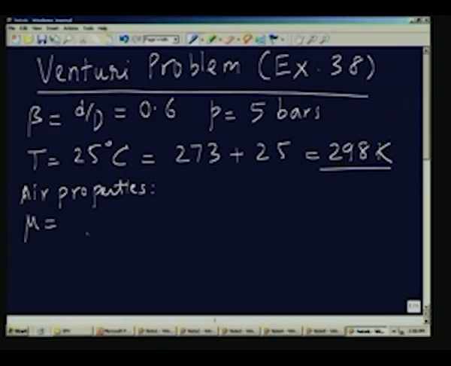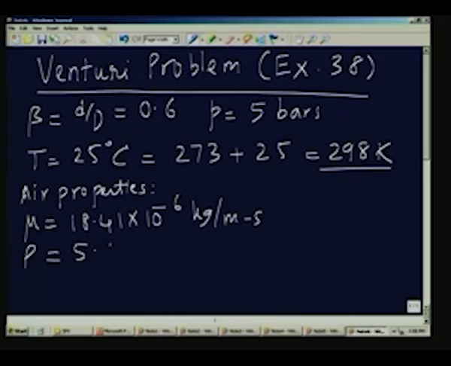The viscosity is 18.41 into 10 to the power of -6 kilogram per meter second, and the density at 5 bars is given by 5.844 kg per cubic meter.